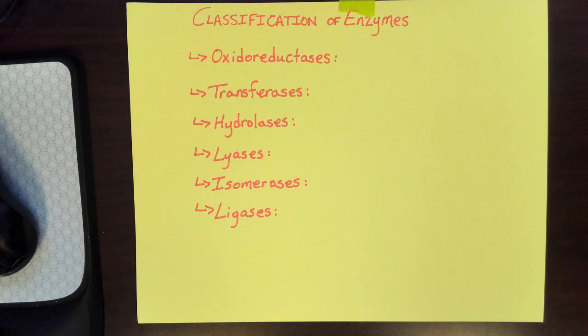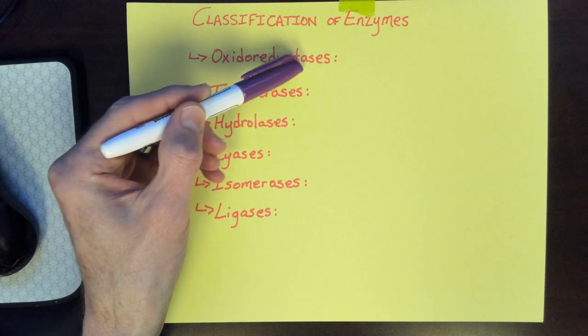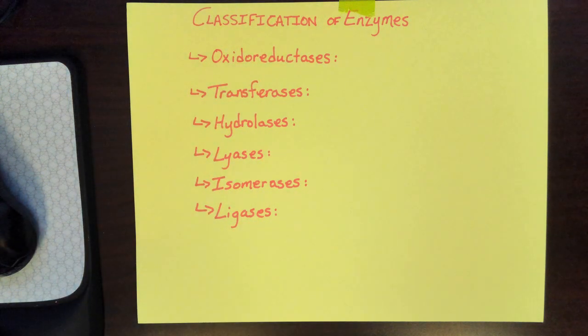Oxidoreductases. If you notice, in enzymes the suffix -ase is there in their names, in their classifications, kind of to help us recognize enzymes.